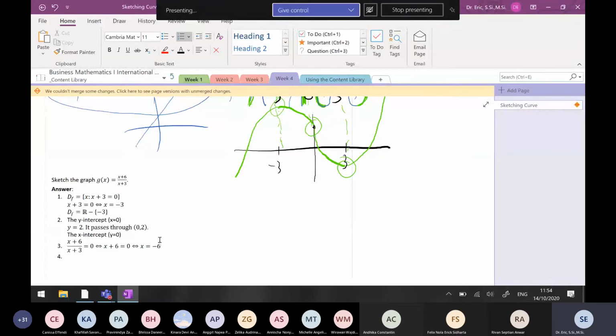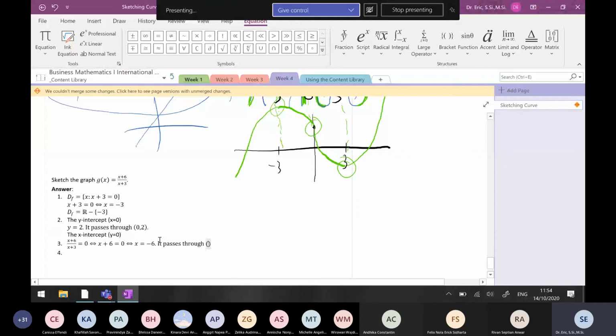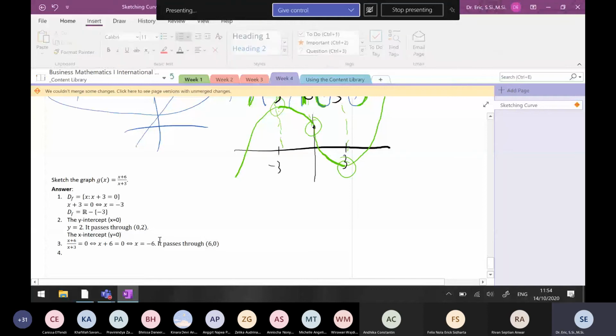It means it passes through (-6,0). Very good.